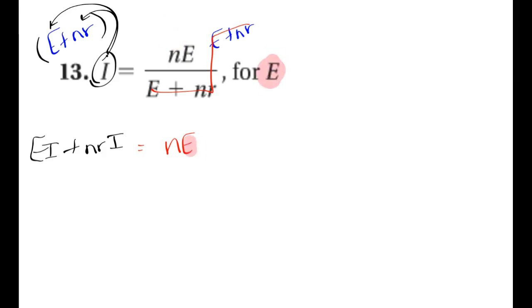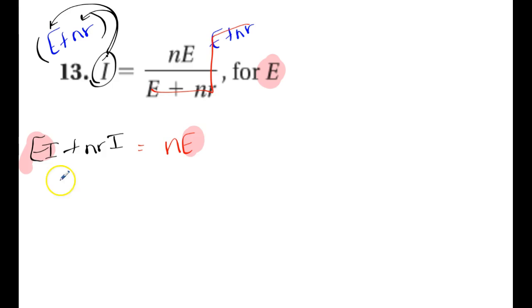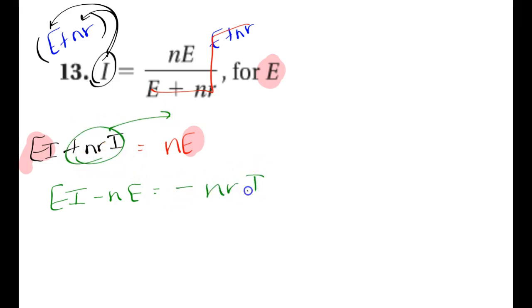Hopefully you catch this. The goal is, whenever you have two variables, try to throw them all on the same side and factor. So I'm going to do the same thing, ei minus ne. Oh, and I got to throw this over on that side, so it's a negative nri.